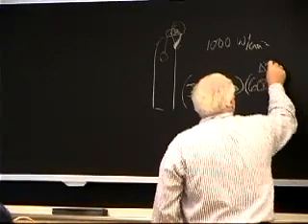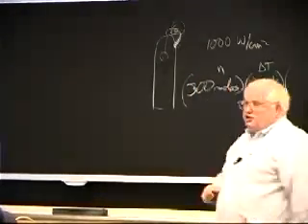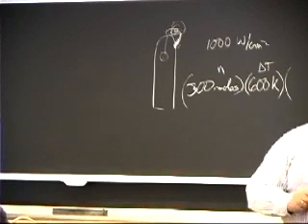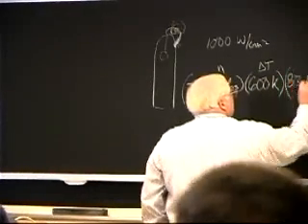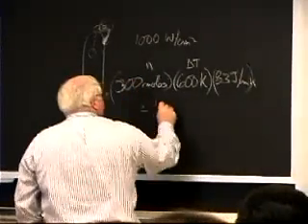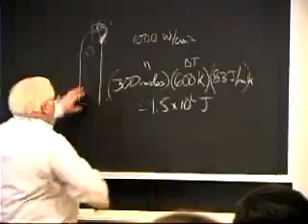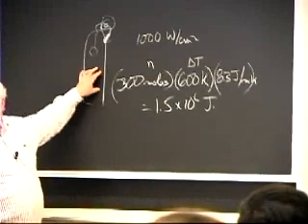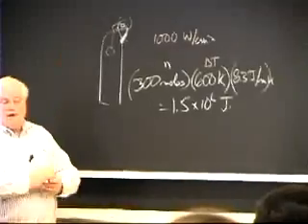Okay, this is delta T, this is n, and what else do I need to know, the change in pressure and volume? nRT, right? And R is 8.3 joules per mole Kelvin, and that works out to 1.5 million joules. So to heat up the oxygen in here to a pressure sufficient to do this is 1.5 million joules.